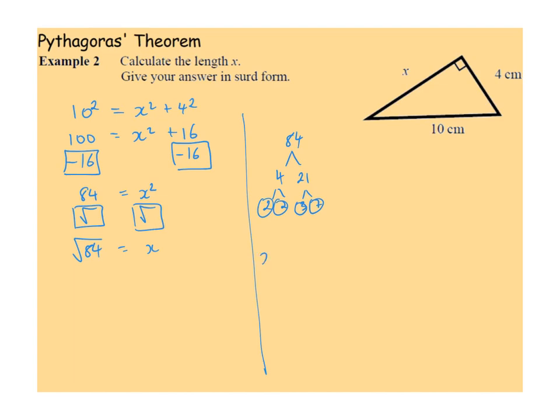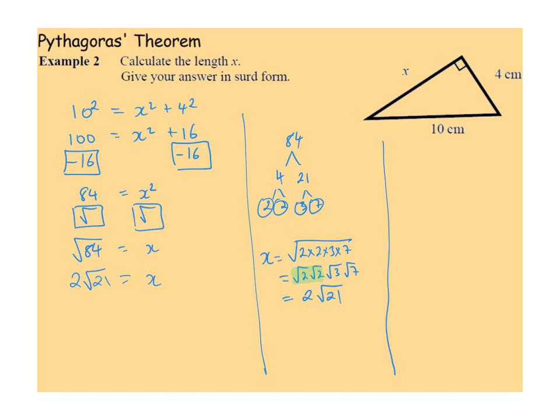In which case you would get that x equals root 2 times 2 times 3 times 7, which is root 2, root 2, root 3, root 7. This first pair is root 2 multiplied by root 2, so that is just 2. And root 3 multiplied by root 7 is root 21. So that's one way of getting it into simplest surd form.